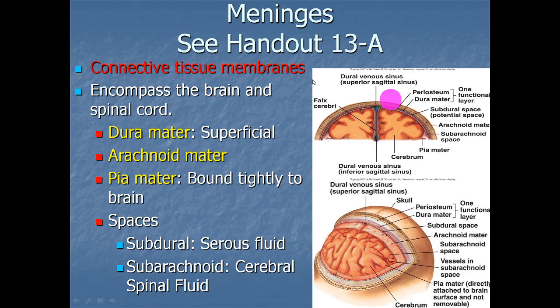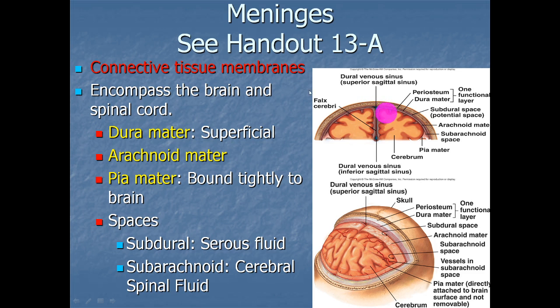Now, you may have heard of someone hitting their head and getting something called a subdural hematoma. That is when blood is leaking into that subdural space underneath the Dura Mater. Hematoma means a blood clot, and subdural means it's under the Dura Mater.